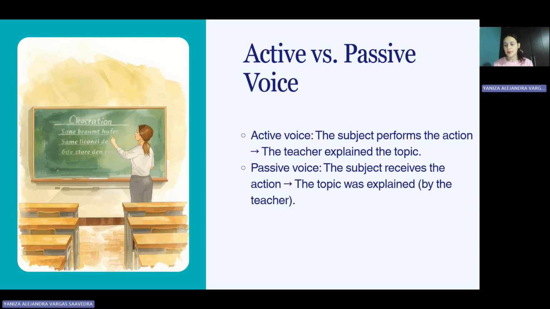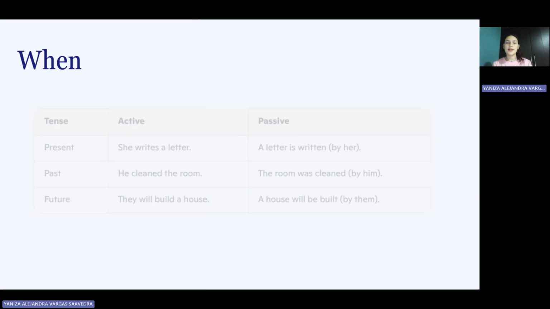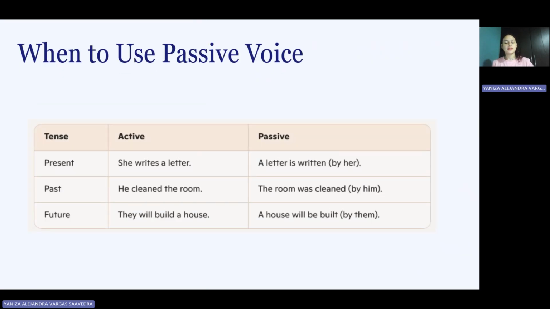Okay, this is the example of the active versus passive voice. And these are some examples. For example, in the present tense, the active voice is she writes a letter.